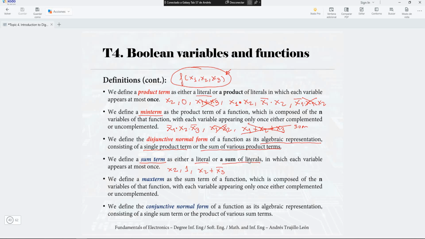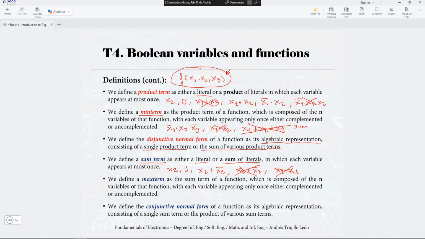Yes, because it's a sum of literals. And this? No, because x2 appears twice. And this? No, because this is a product of literals, not a sum of literals. In fact, this is a product term, so it's not a sum term.